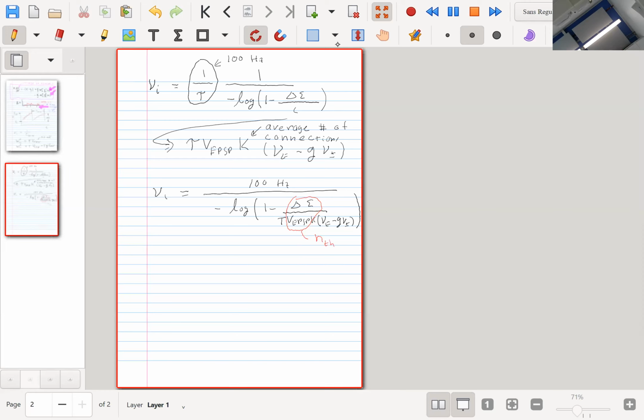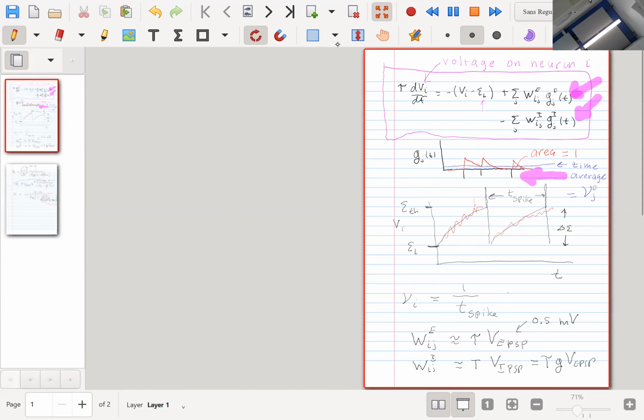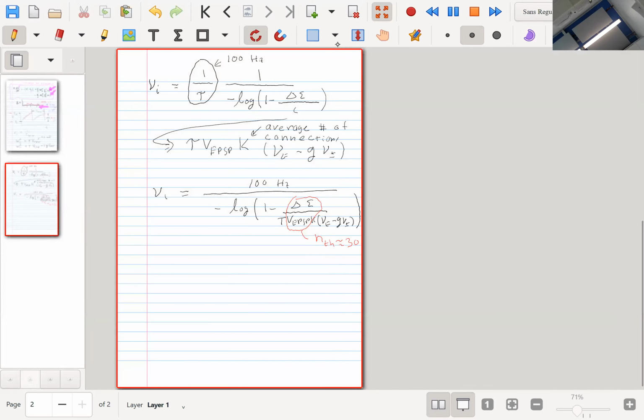The way you interpret it is the number of excitatory PSPs the neuron has to receive to get to threshold. And this is around 30. E leak is about minus 65, E threshold is about minus 50. So delta E is around 15 millivolts. Remember, EPSP is about half a millivolt, so this is about 30.